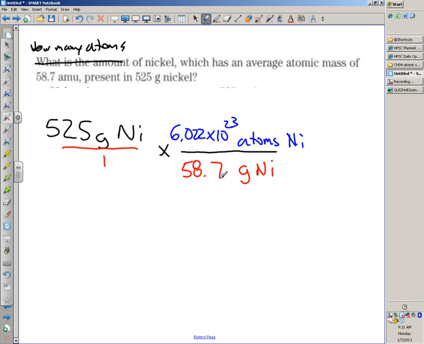The average atomic mass unit. The average atomic mass, which we said is also sometimes called what when we turn it into grams? The molar mass, alright? So now, math-wise, grams nickel on the top, grams nickel on the bottom. We cancel that unit out, and then we do a little math.